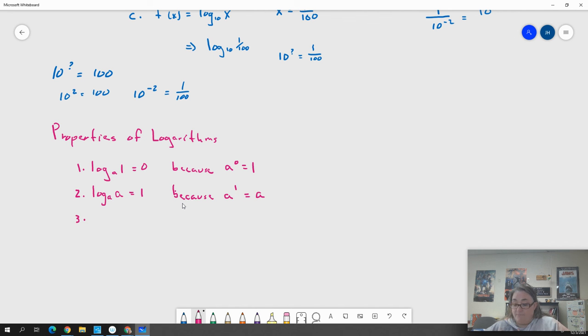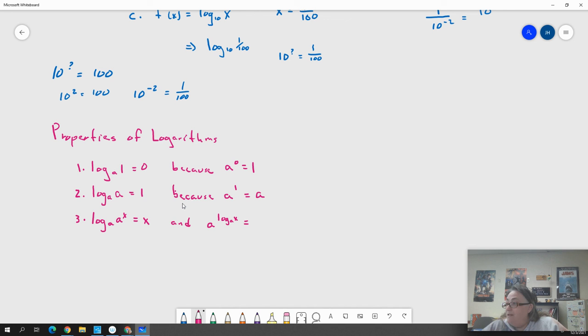Number 3, these are our inverse functions right here. Log base A of A to the x power equals x. And A raised to log base A of x also equals x.